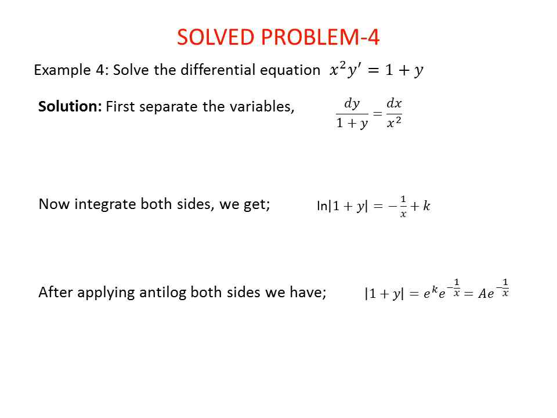So we call e to the power k capital A in this problem, and write the remaining function as it is, that is e to the power minus 1 over x. This is the simplest form of the solution of the given differential equation.